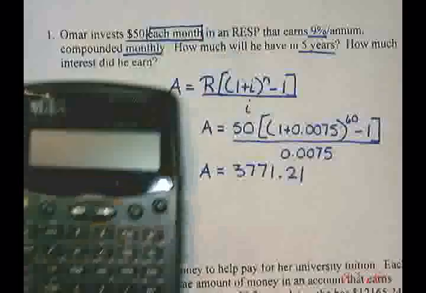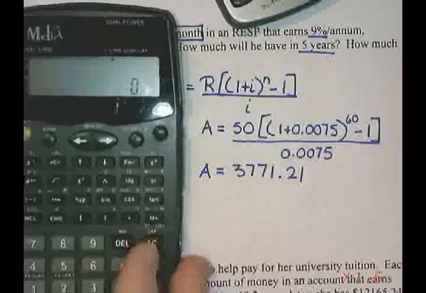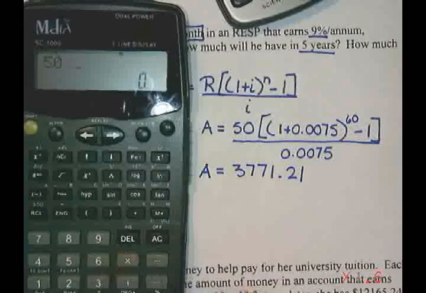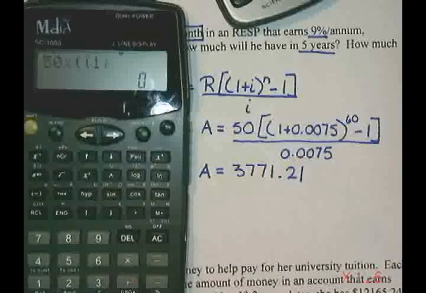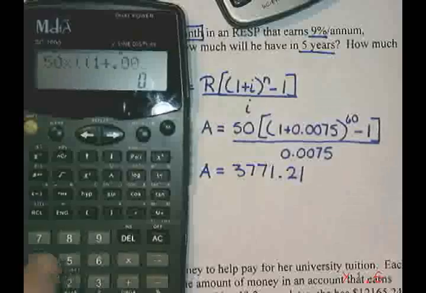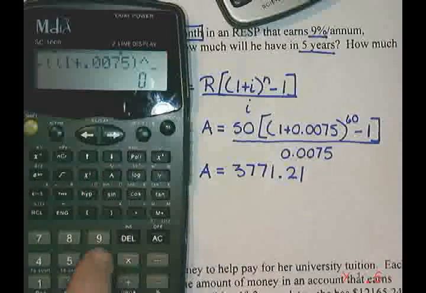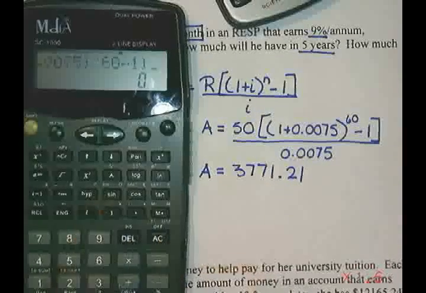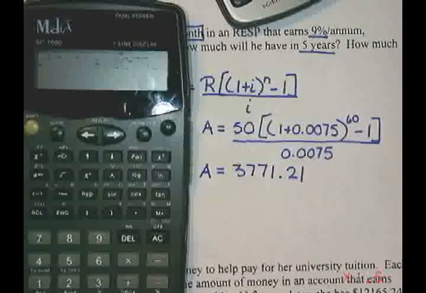Now, if you have a calculator where you see everything on the screen, it's going to work pretty much the same way. So I would do 50 times bracket, bracket, and then 1 plus 0.0075, close the first bracket, to the power of 60, take away 1, and then close the bracket, divided by 0.0075.